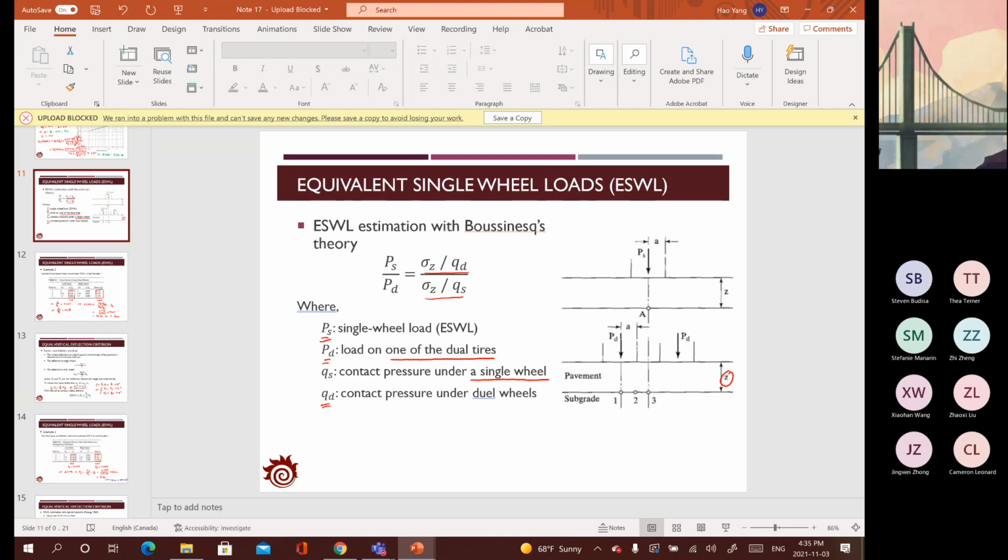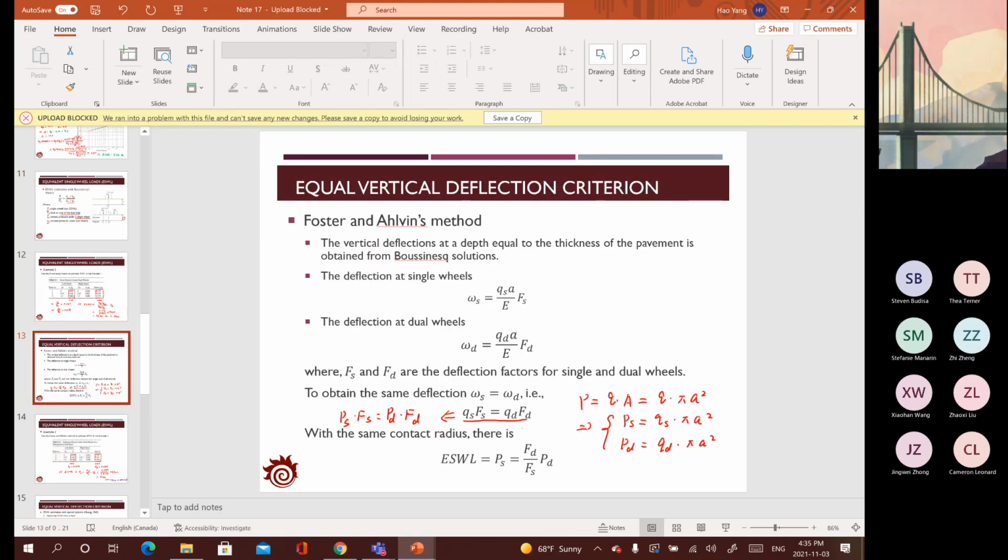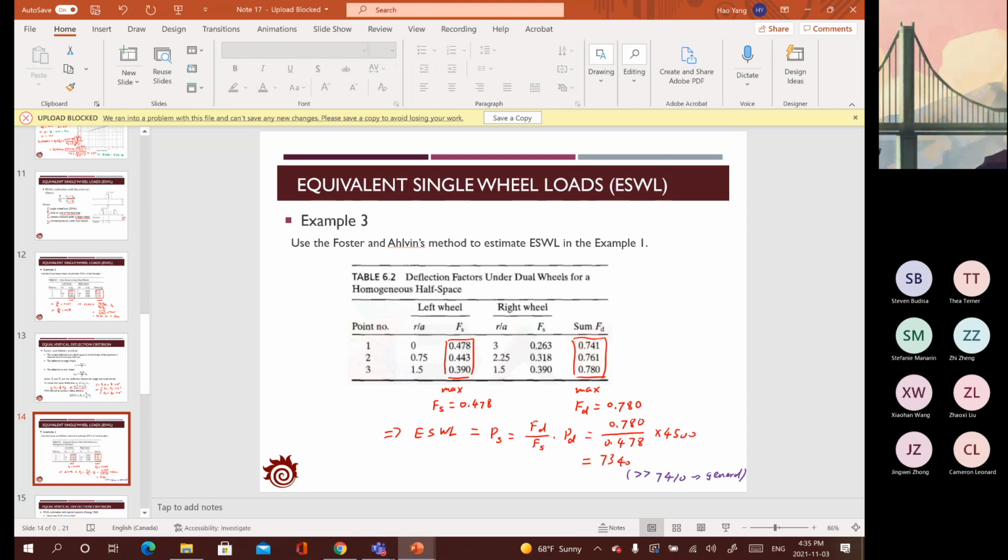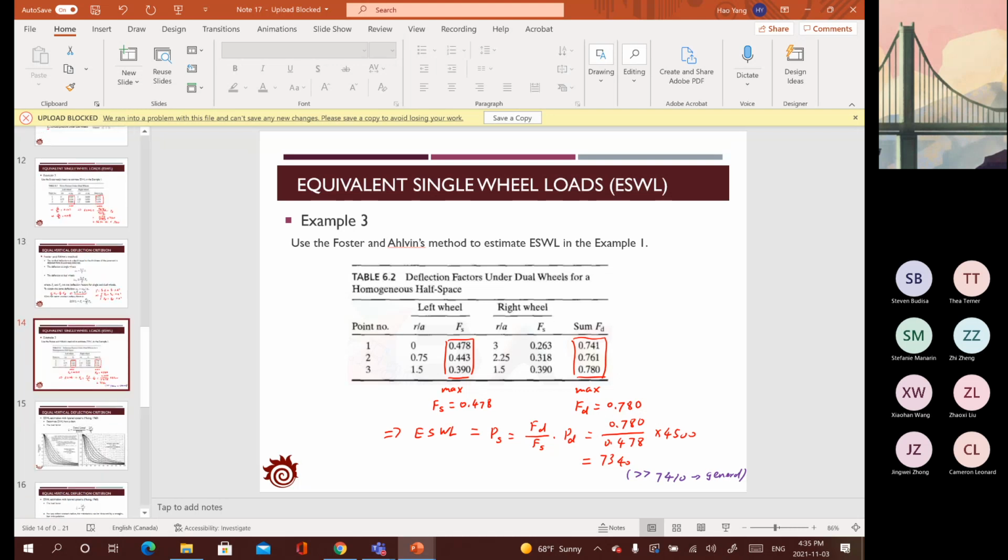We have the Boussinesq theory to do the estimation. We also have the Foster and Ahlvin method to calculate the value of ESWL, and usually for the Foster and Ahlvin method, the value should be much higher than the one we estimated from the linear model.